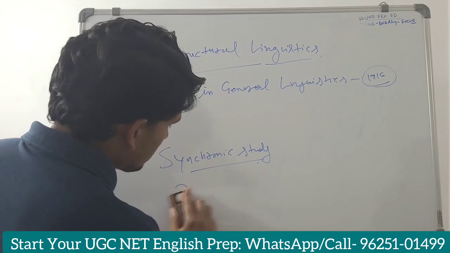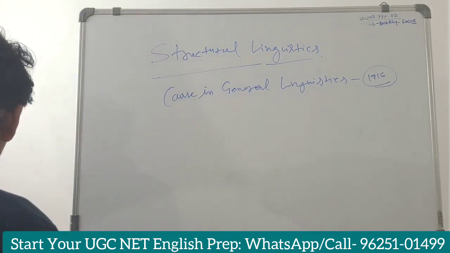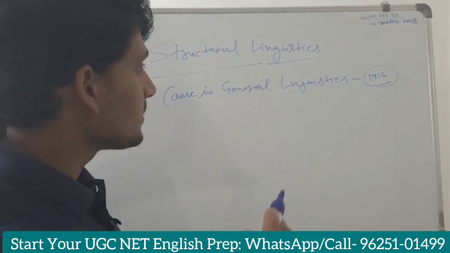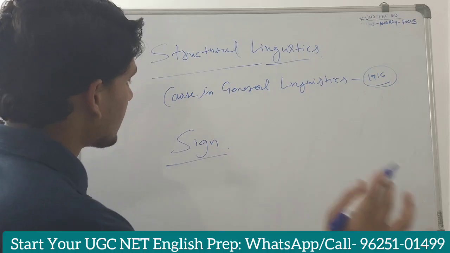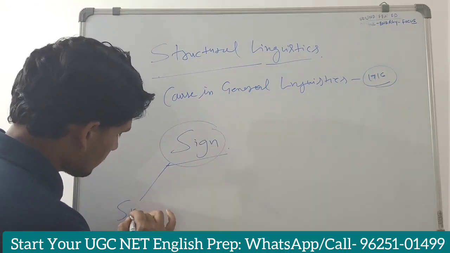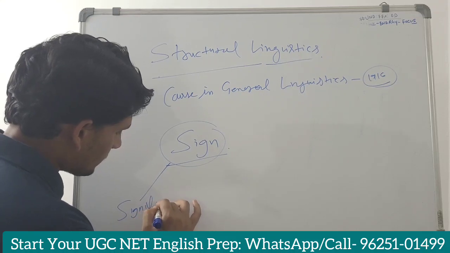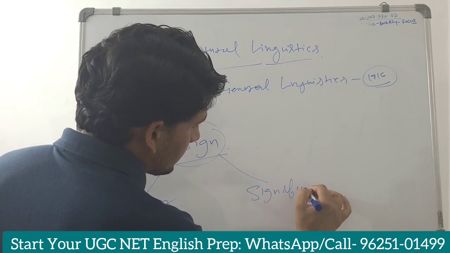Okay, the main concept that you have to note down here, which has built the foundation of structuralism, is the sign. What? The sign. Now, the sign has two aspects. One is the signifier, another one is the signified.